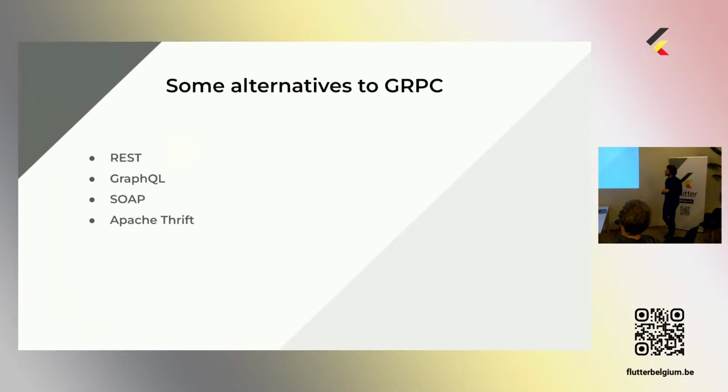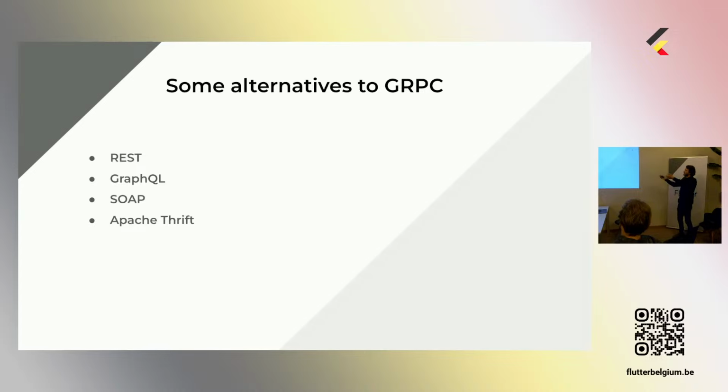Maybe to give you an idea of what the alternatives are for gRPC. Of course, everybody knows REST, doing a call, getting a response. Then GraphQL can maybe be an alternative, where it looks like you're querying a database.